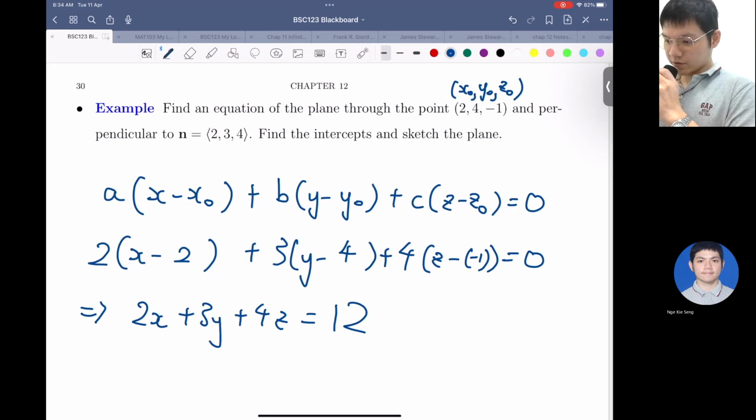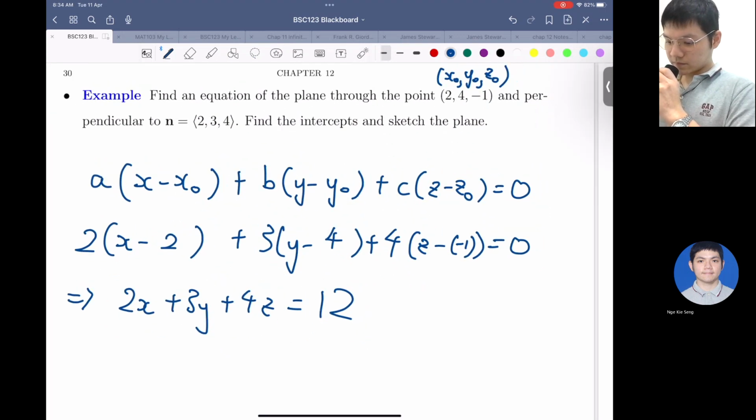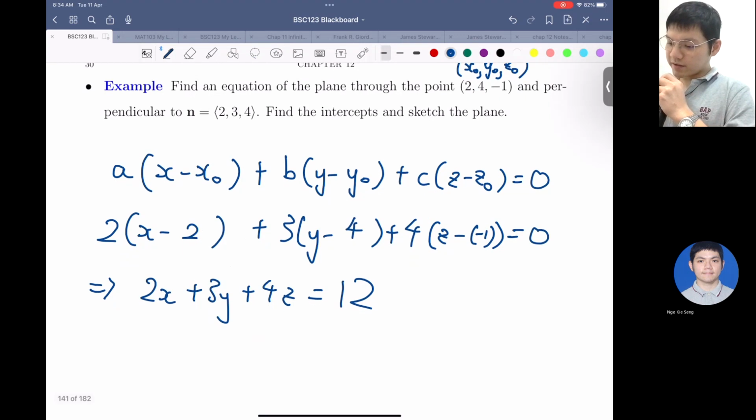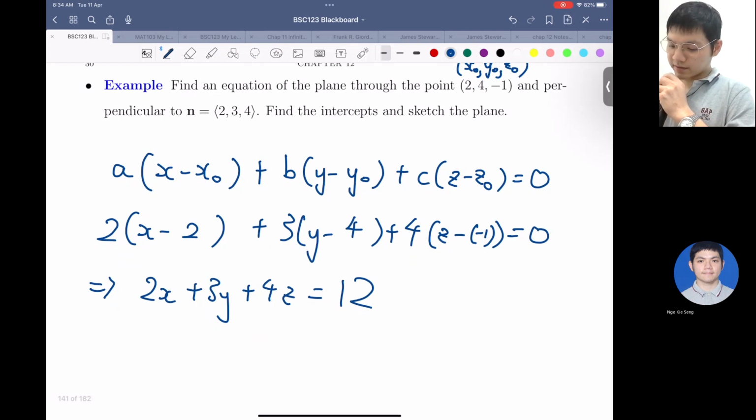Now find the intercepts and sketch the plane. Intercept here means intercepting the x-axis, y-axis, and z-axis.